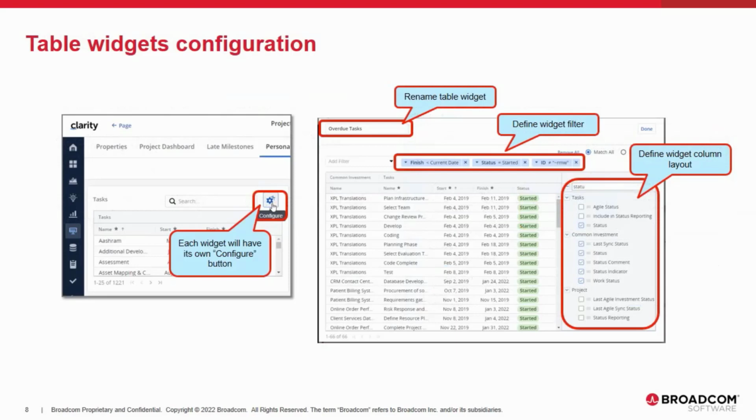Filters can be applied to trim the data down as necessary, and then the columns that could be added to the table widget would be listed with all the attributes that can be included. The end user can also change the layout of those columns to see the data as they would like to in their widget itself.